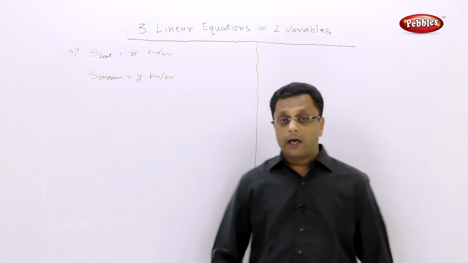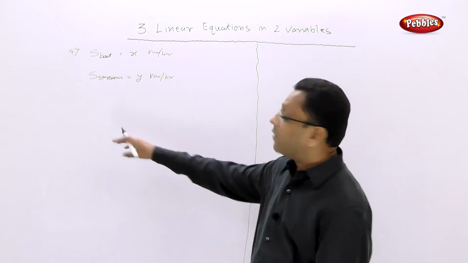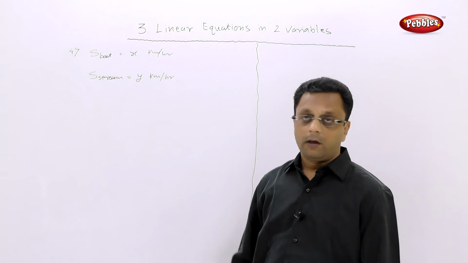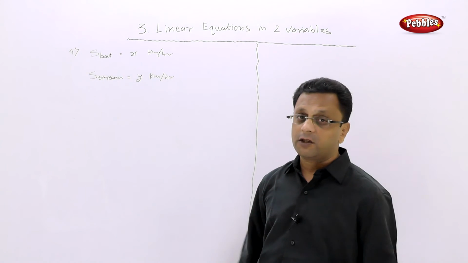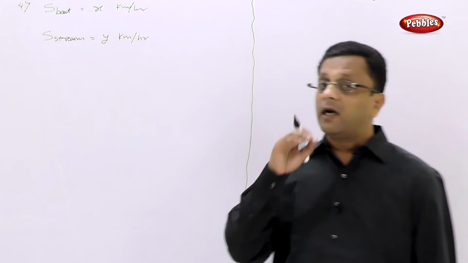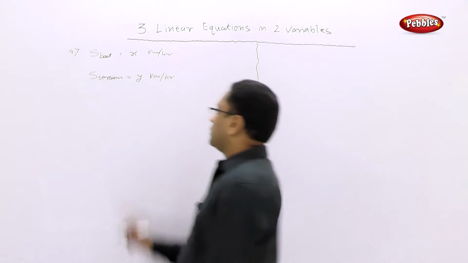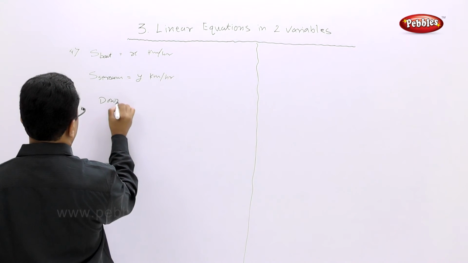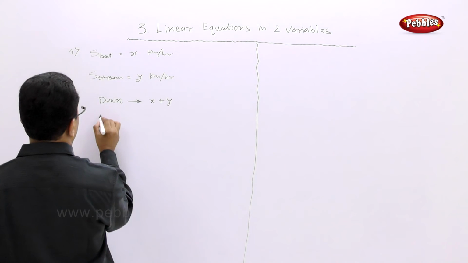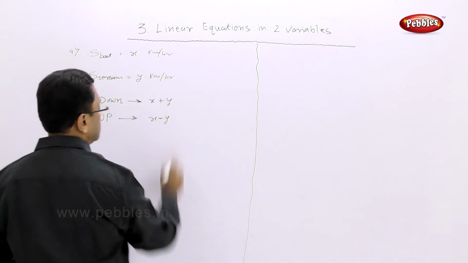Right? And we have already seen this: when the boat is going upstream and when the boat is going downstream, the speed of the boat will vary. Whenever the boat is going downstream, that means with the flow of the water, its speed is x plus y, and when it is going upstream its speed is x minus y, right?